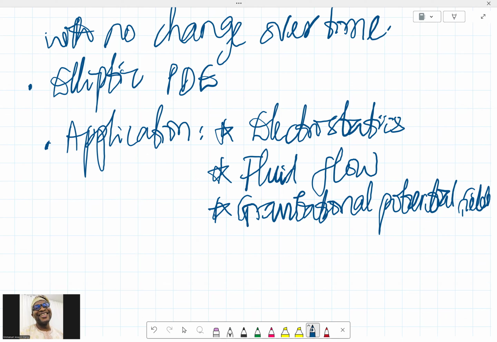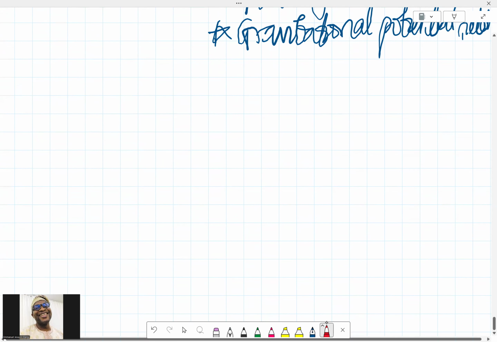Okay, let me see if we can get practical questions. Can we get practical questions? I'm not sure. Let me see the nature of practical questions we can have for this, if any. So you can try your hands probably to identify the types of PDE and things like that. Maybe I should just give this simple one.